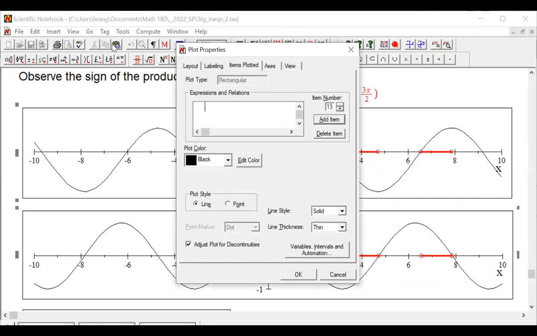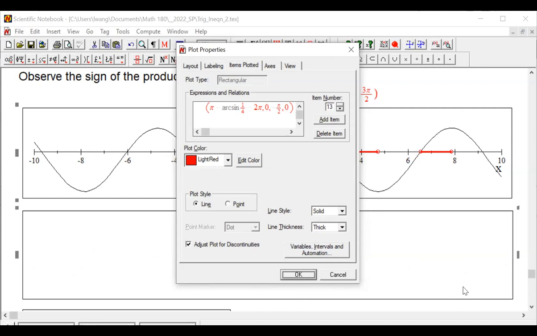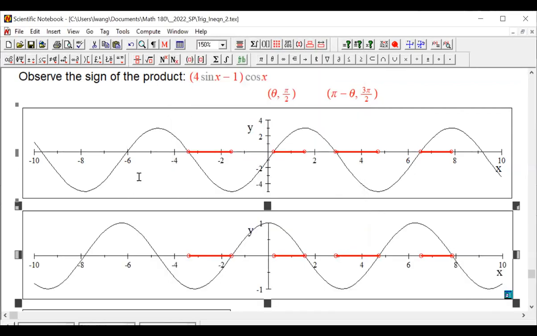On this picture, we're going to do the same thing. The red, make it thick. This way you do it piece by piece to find the solutions, but the general principle has not changed.